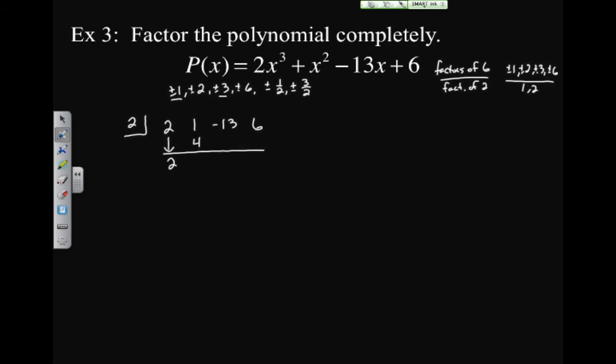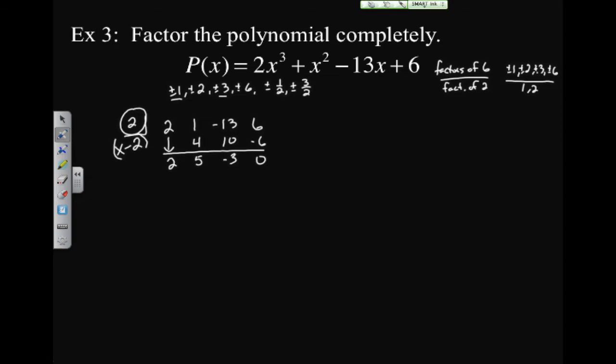That's going to make 4. 1 and 4 is 5. 5 times 2 is 10. That is going to be a negative 3. 2 times negative 3 is a negative 6. So that actually worked out. So now we have 2 as a 0, which means x minus 2 is going to be a factor. So that's one of our factors right there.